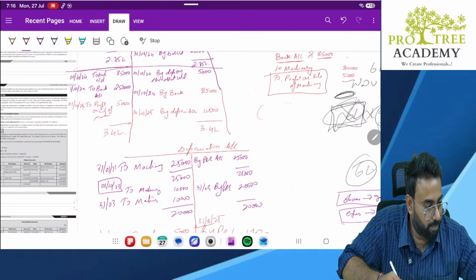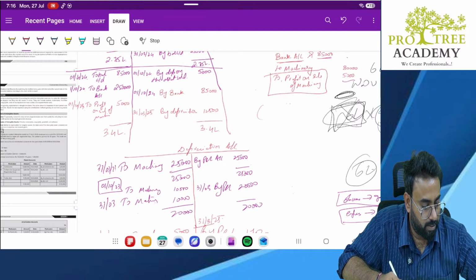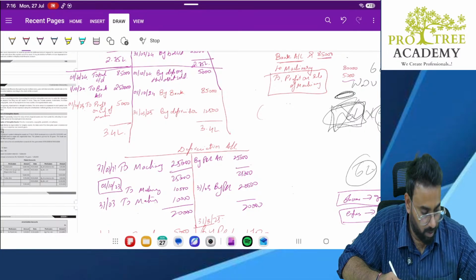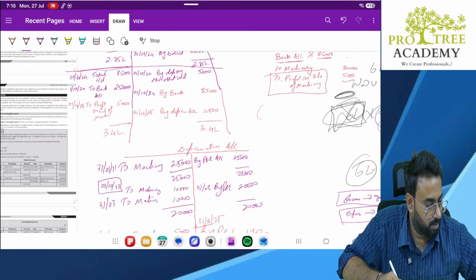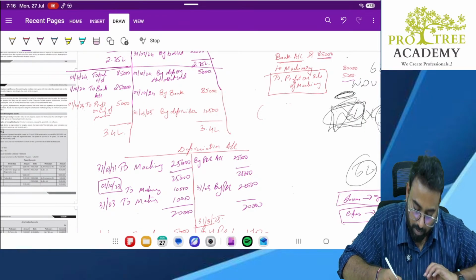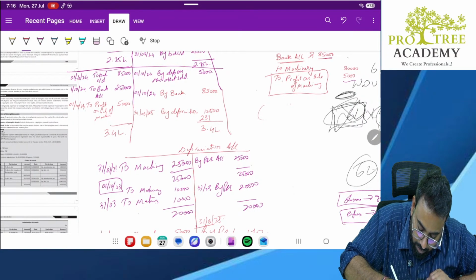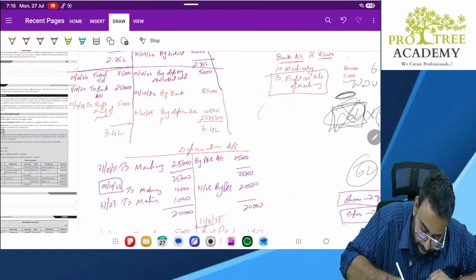So 3.4 lakh minus 5,000 minus 85,000 minus 12,500. That is nothing but 2,37,500 by balance carried forward.